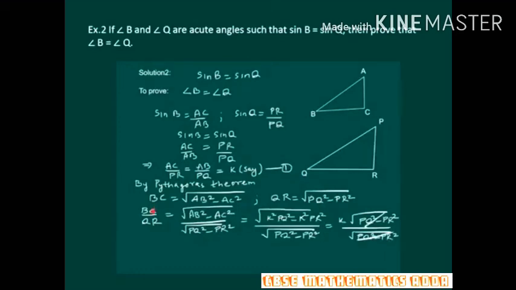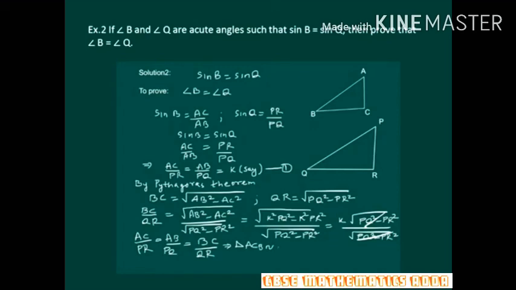Now we obtain BC divided by QR equal to K divided by 1, or simply this ratio equal to K. So here we can obtain AC by PR equal to AB by PQ, and this is equal to BC by QR, and the ratio is equal to K.